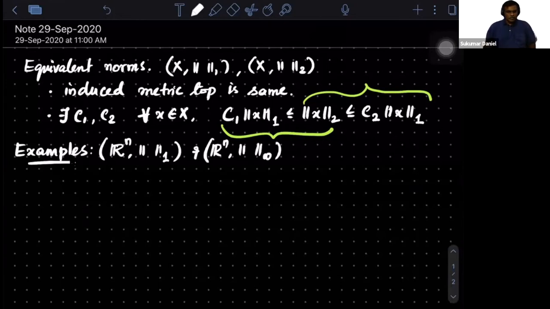Now, because of the second equivalent statement, it is enough if we check for the constants C1 and C2 in the case of norms. Are there any choices for C1 and C2?